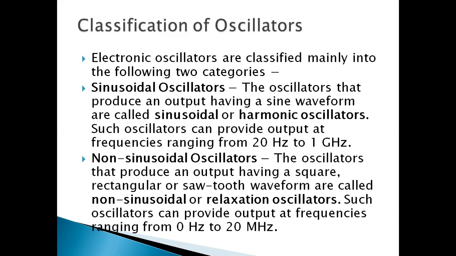Next one is non-sinusoidal oscillators. As the name indicates, these are the oscillators which produce a non-sinusoidal output waveform, like a square wave, rectangular wave, or sawtooth wave. The other name for the non-sinusoidal oscillator is relaxation oscillator. A sinusoidal oscillator can also be called a harmonic oscillator, and a non-sinusoidal oscillator can also be called a relaxation oscillator.